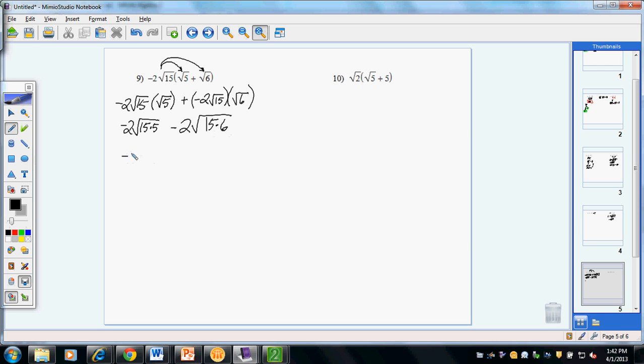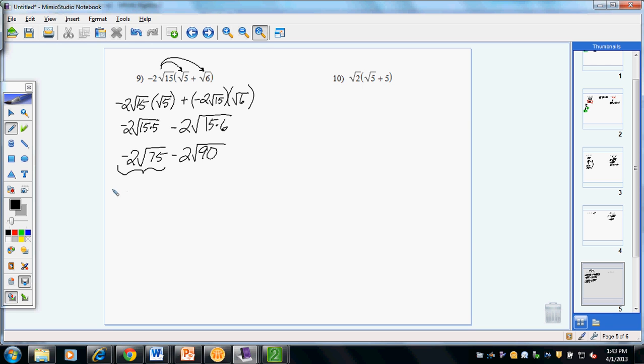So this is going to give me a negative 2 square root 75 and a minus 2 square root of 90. These still are not simplified yet. Let's take this first part here and work on it.